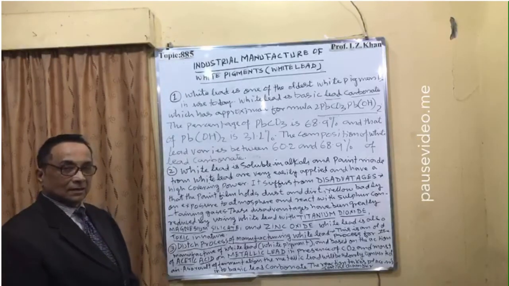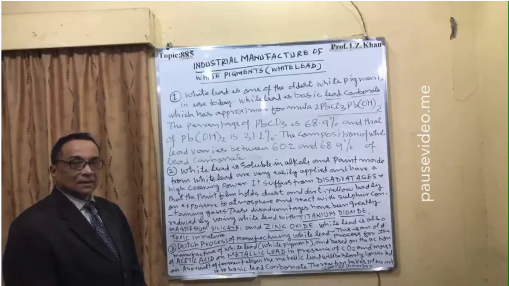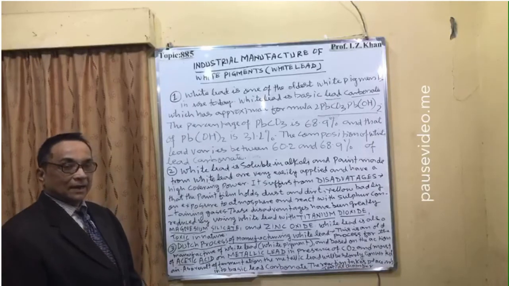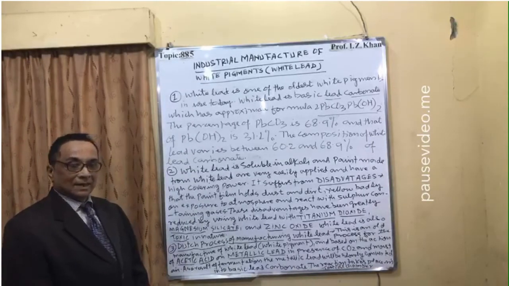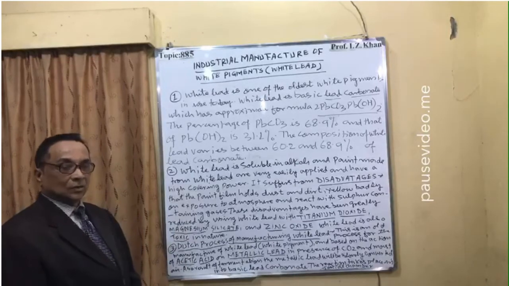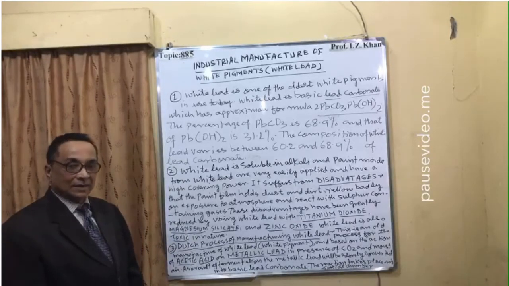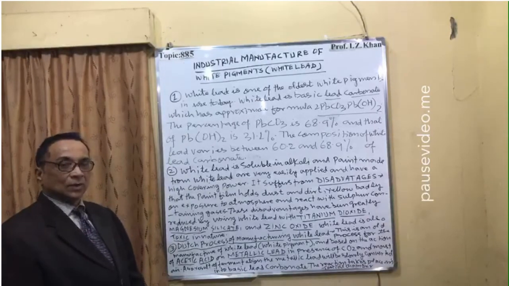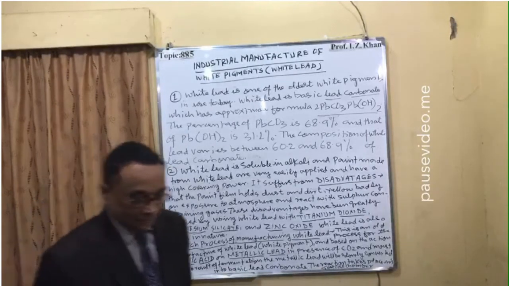This reaction and fermentation takes place in a special type of chambers, and it takes some time where metallic lead will be converted into lead carbonate and finally into white lead, that is known as white pigment.